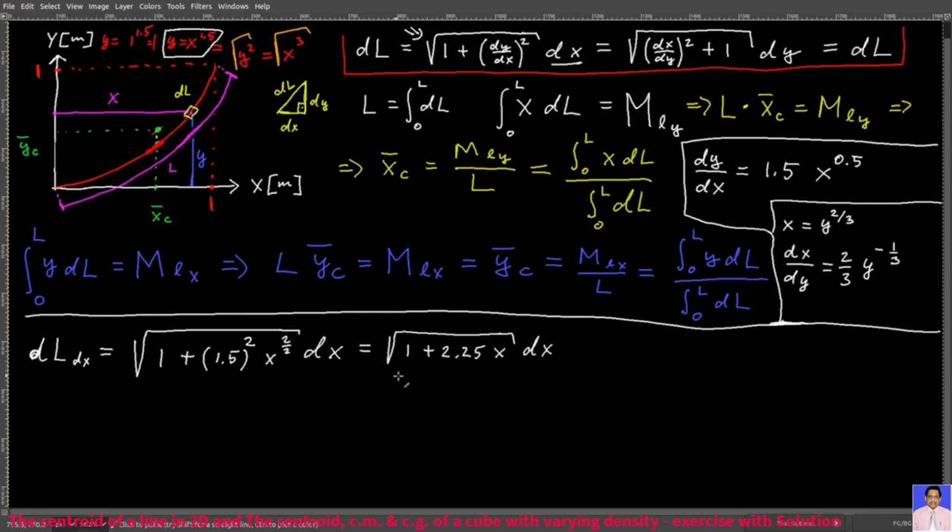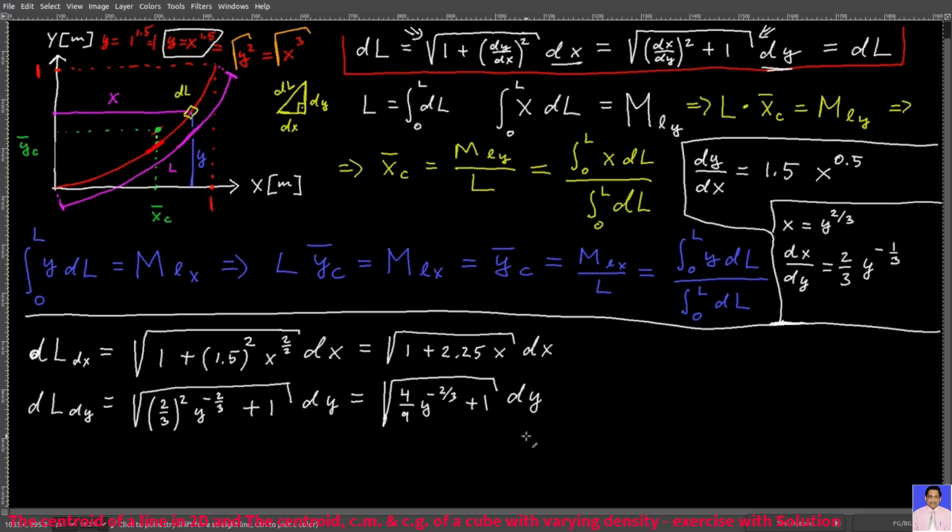In other words, you will have this expression, and now you will take the other expression, dL that contains dy, this one here. You will have the square root of dx over dy squared, which is this expression squared, so you have 2 over 3 to the power of 2 times y to the power of minus 2 over 3, that's this expression squared, plus 1, and then I have here dy, and so I will have this expression.